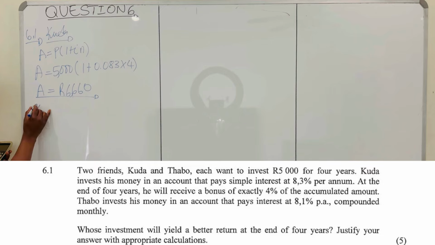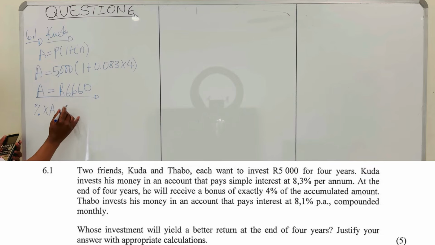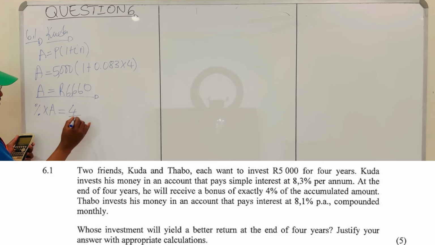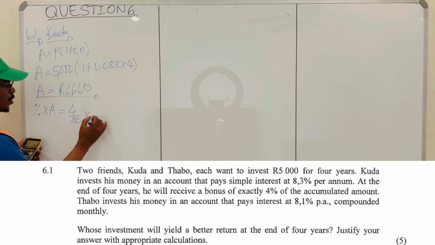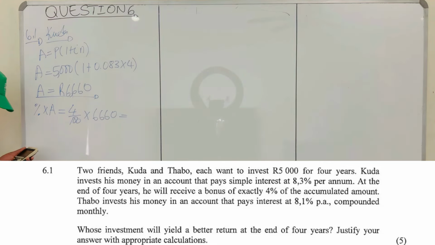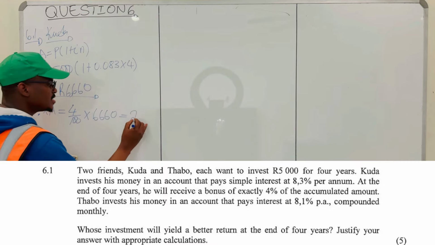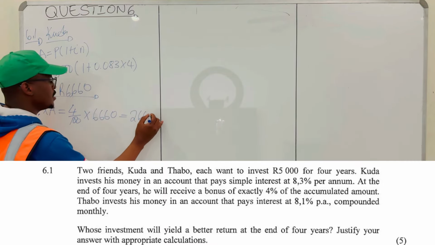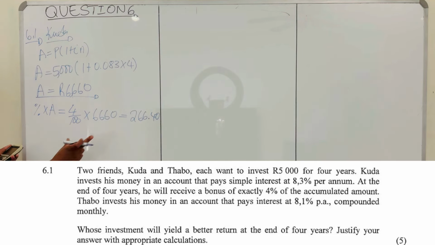That 4% of the accumulated amount will be 4 over 100 times this amount, 6,660. The answer is 266.40. So this is how much extra he will be given as a bonus.